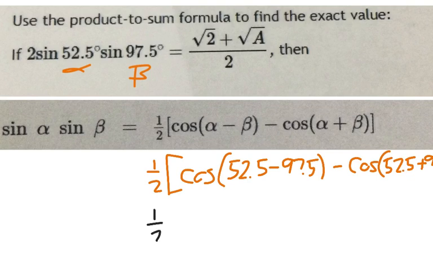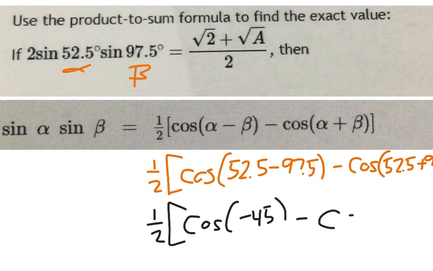Now simplify, because you have alpha minus beta in the argument. So subtract it. What's 52.5 minus 97.5? -45.